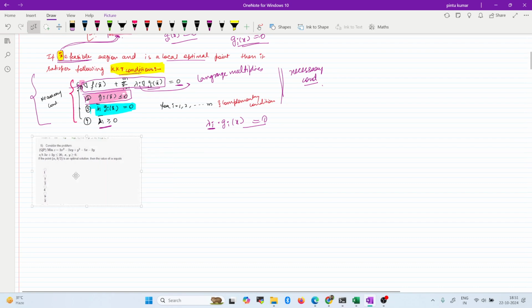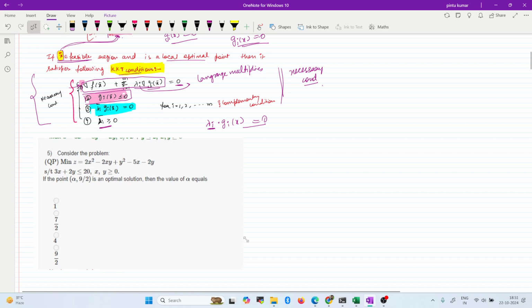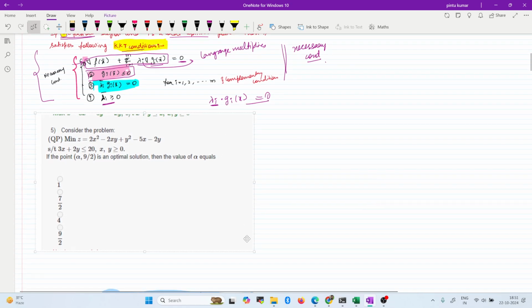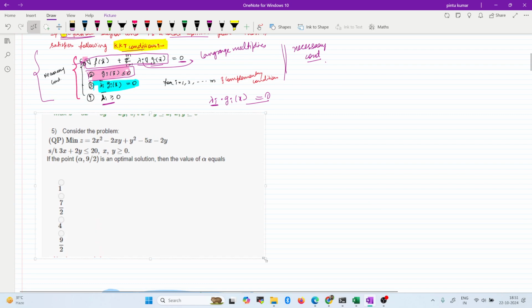The question says, this is the minimization problem, and alpha comma 9 by 2 is an optimal solution. Then we have to find the value of alpha. This is the question that we have. So this would use the KKT condition.